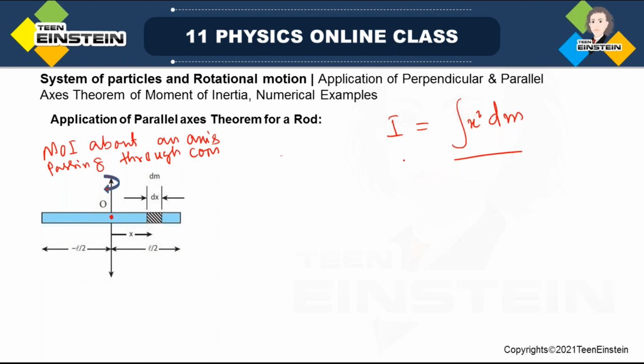For that, you first have to find an elemental mass. So I have taken an elemental mass which has a thickness dx. It is taken from the axis of rotation, which is passing through the center of mass and perpendicular to the length of this rod. So this has been taken at x distance from the axis of rotation.